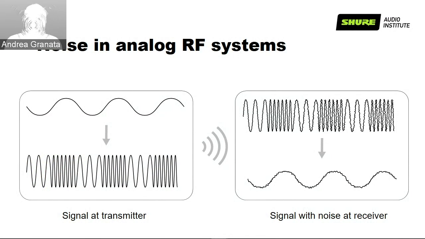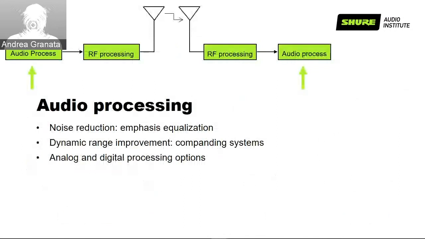So we went from analog amplitude modulation to frequency modulation to reduce the noise, but a part of it was still there. As you may know, probably, the high frequencies are more susceptible to noise than the low frequencies.